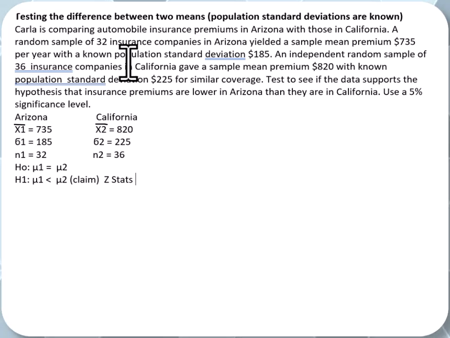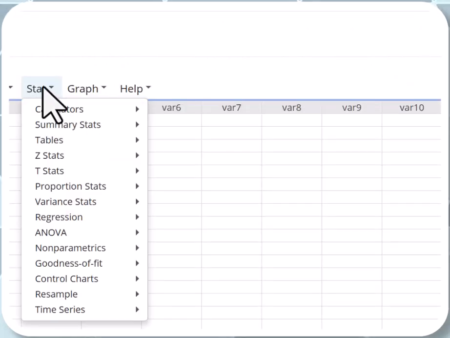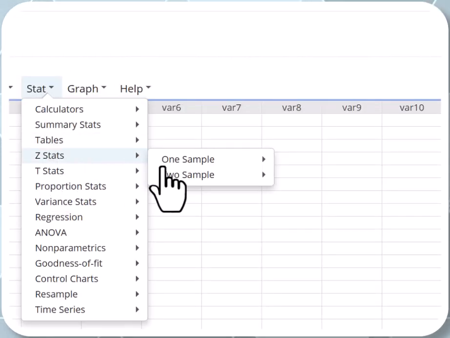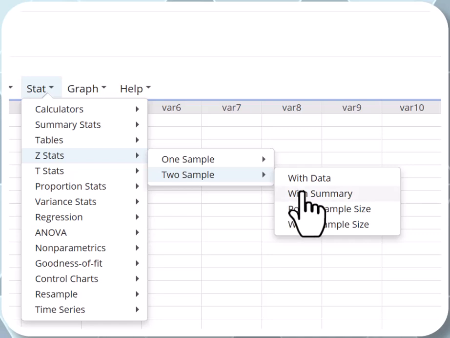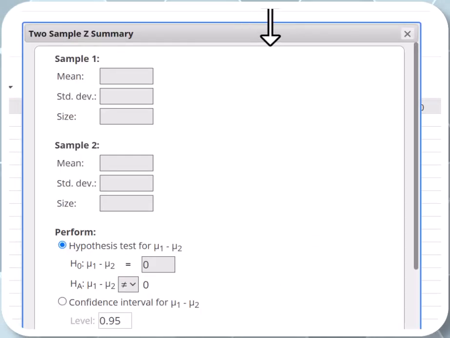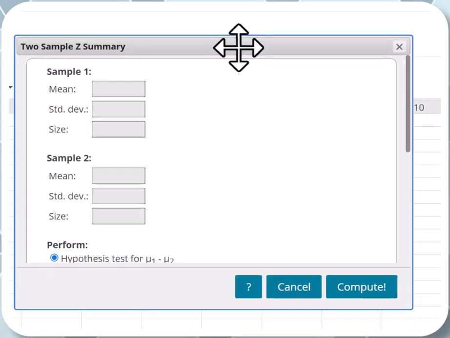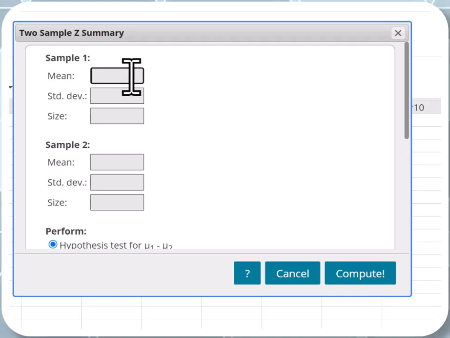Let me walk you through the steps. So Stat, Z-stats, two sample, with summary, and let's reduce this a little bit so you can see the entire screen. Sample 1, mean is 735. Population standard deviation is 185. Sample size is 32.